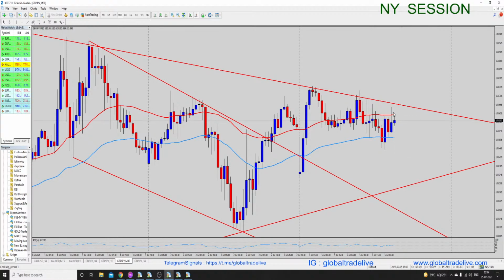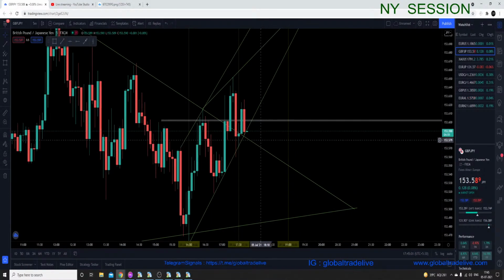Now if the 30-minute candle breaks this low over here, I'm surely going to execute the sell trade at that point, because now the probability has really increased here.